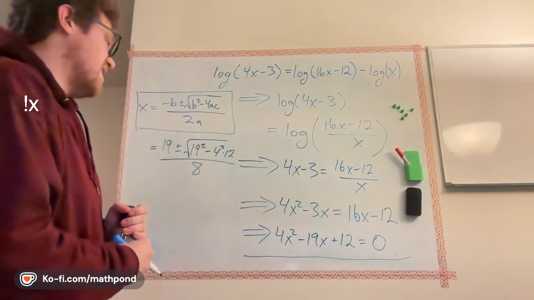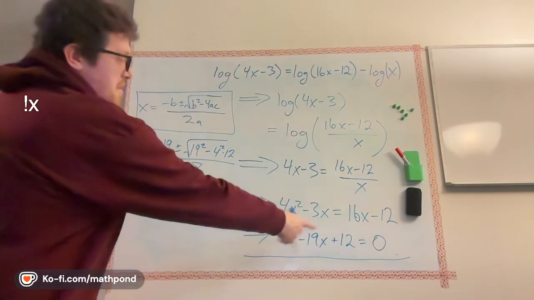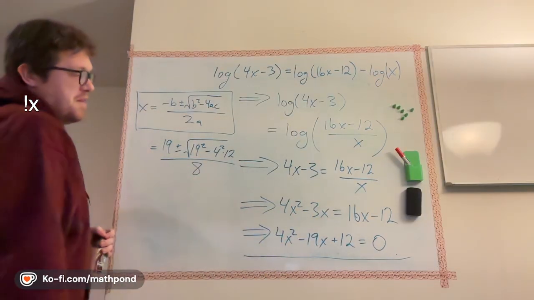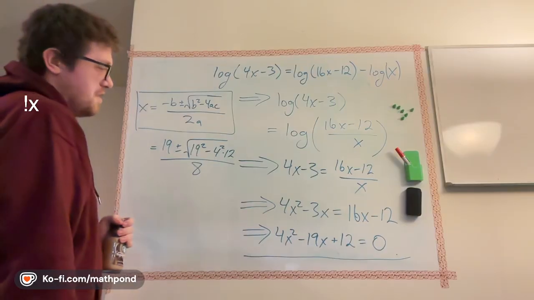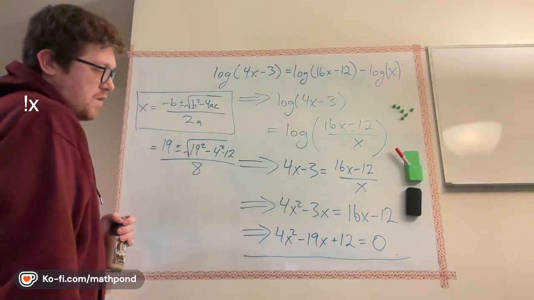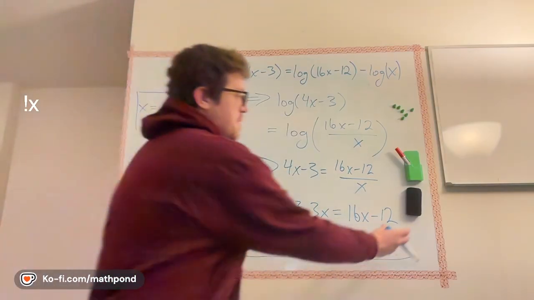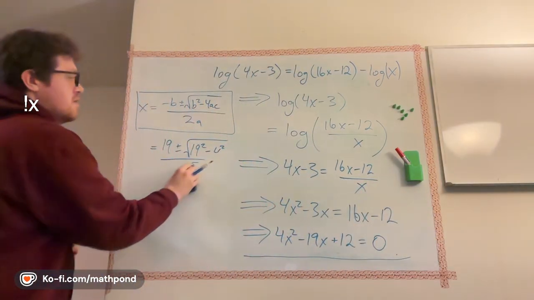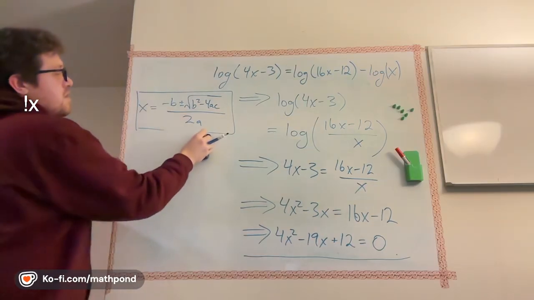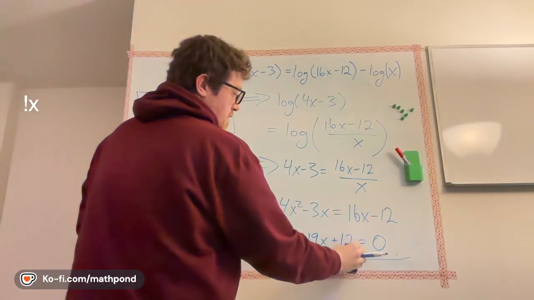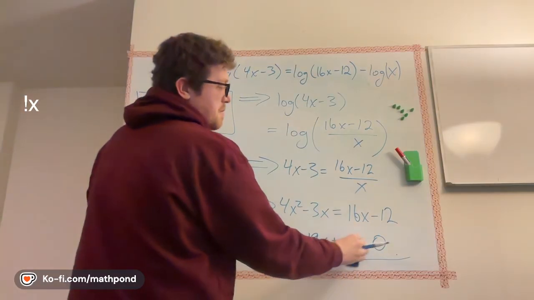Okay, you're saying we could also just divide by 4 and make all the numbers smaller, so that might make things easier. Yeah, I'd probably do that. So this will be divide by 4, so 12 becomes 3.